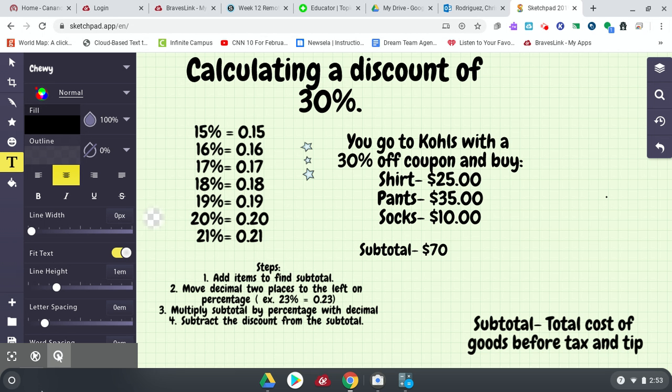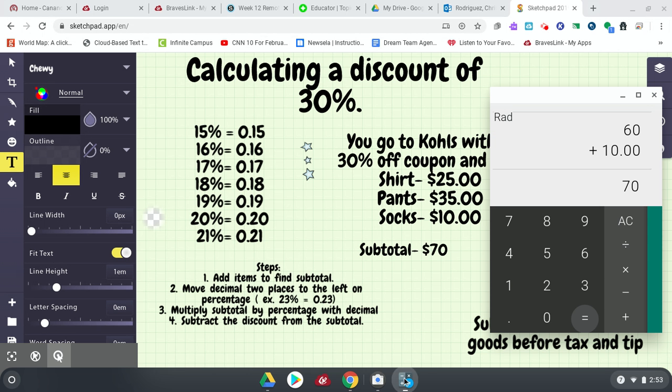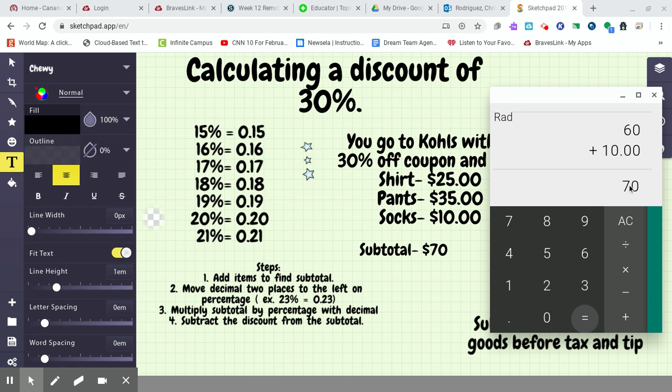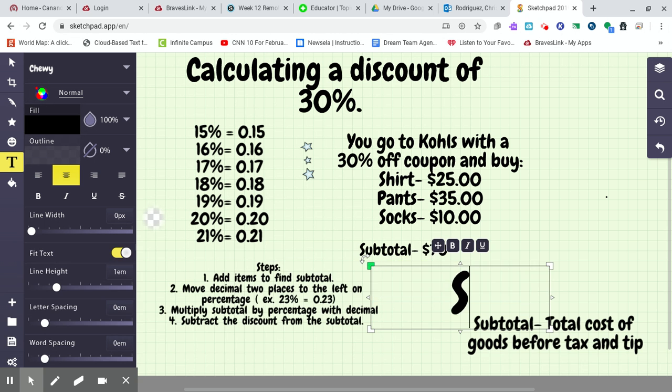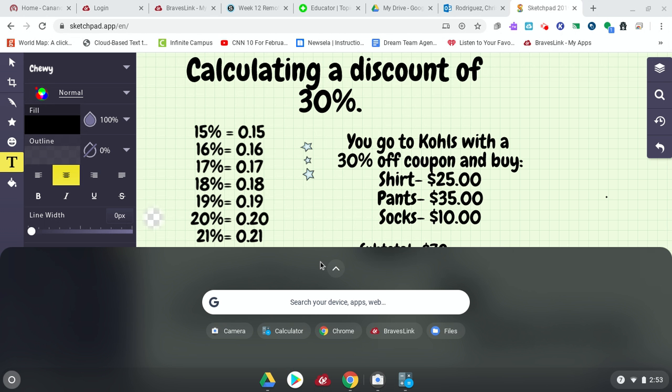So let's pull up my calculator again. I'm going to take that subtotal of 70 and multiply that by 0.3, and I'm going to be saving $21. So I'm going to put that as savings, just so we have a good label for what that is.